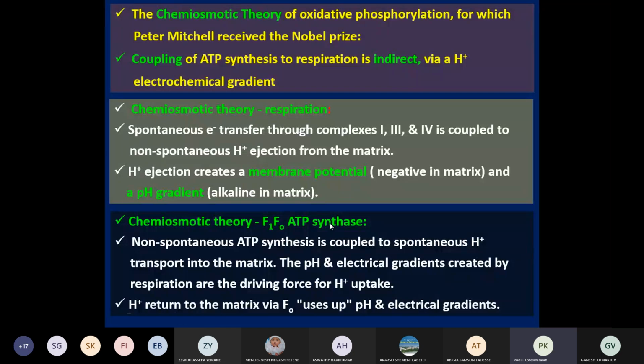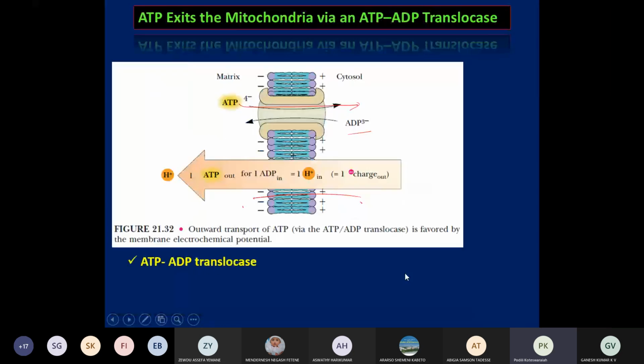Because the proton gradient, the proton motive force, drives ATP formation, it is known as chemiosmotic coupling.